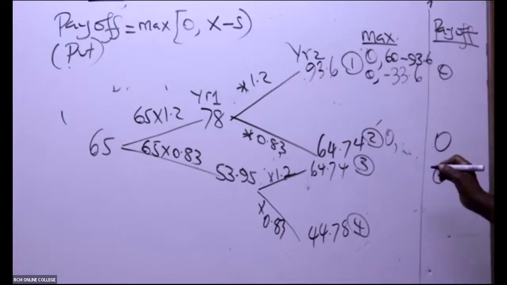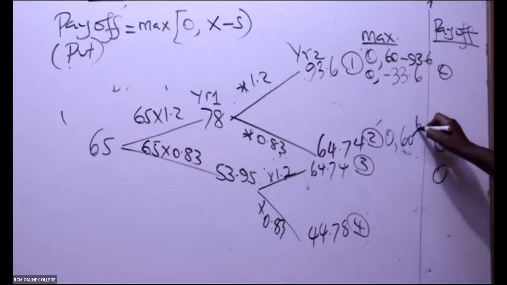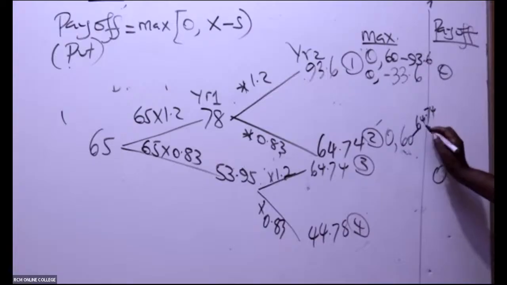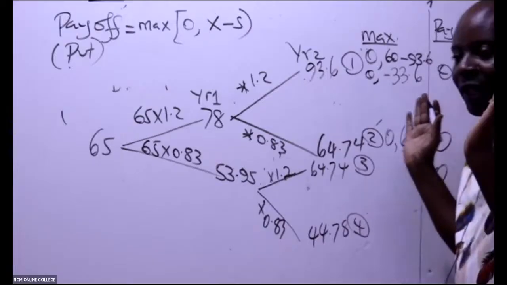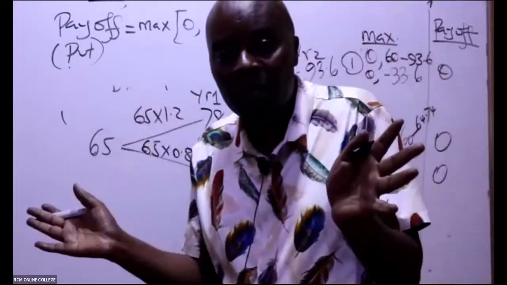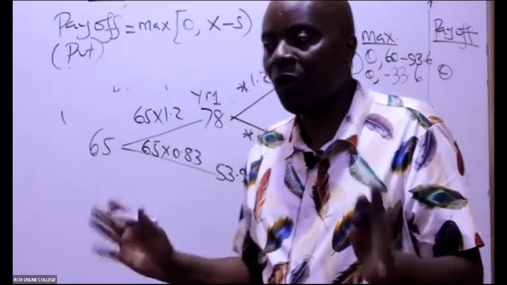So I'll talk of 0, comma, exercise is 60 minus this 64 point. And as Evans is telling us, this one gives me a negative. So in that case, I'm going to choose 0 for my payoff. I would rather not get anything than make a loss. That is the concept of options.